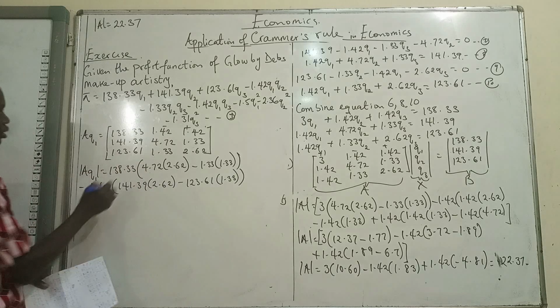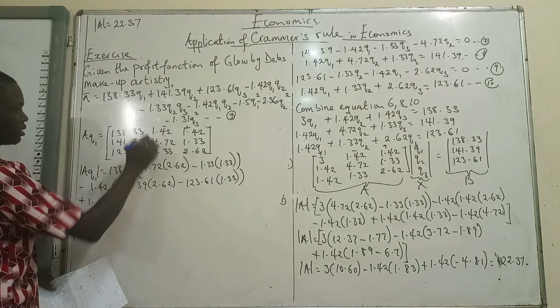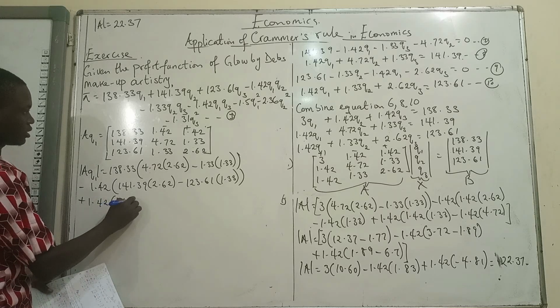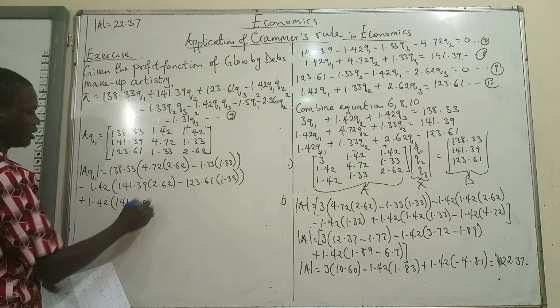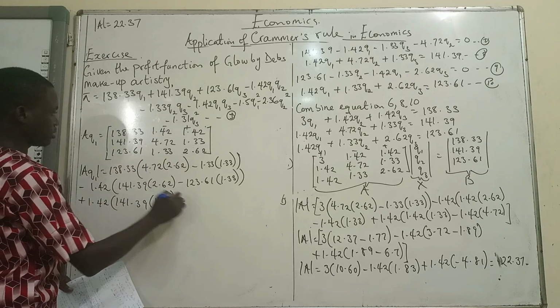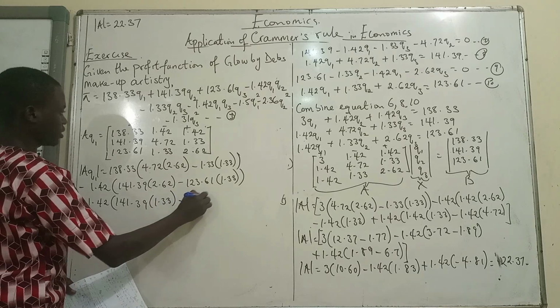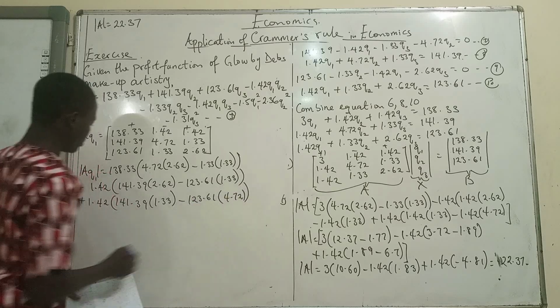Then plus 1.42 into brackets 141.39 times 1.33, then minus 123.61 times 4.72, close the brackets.